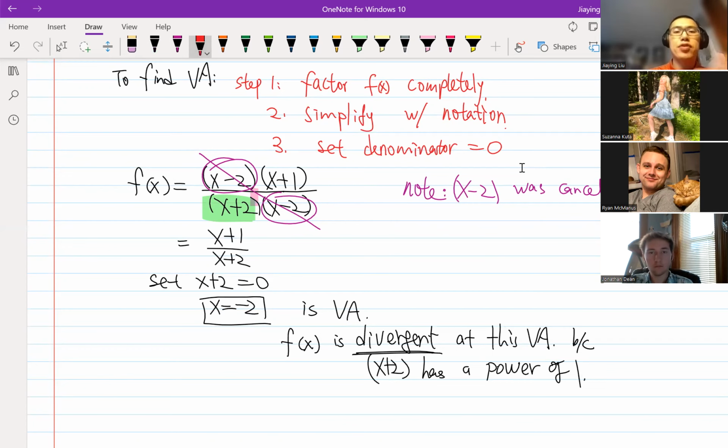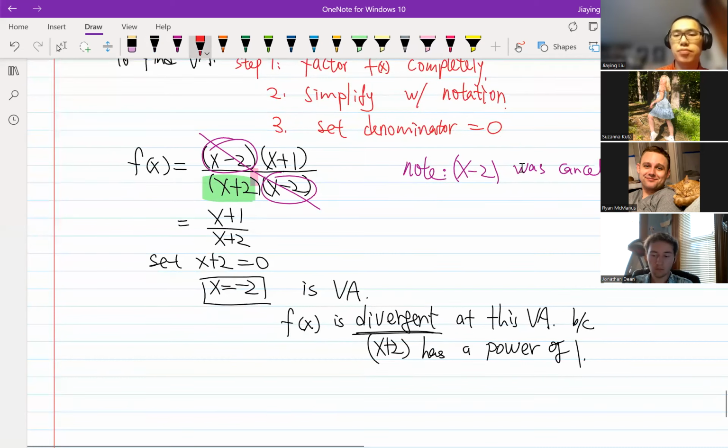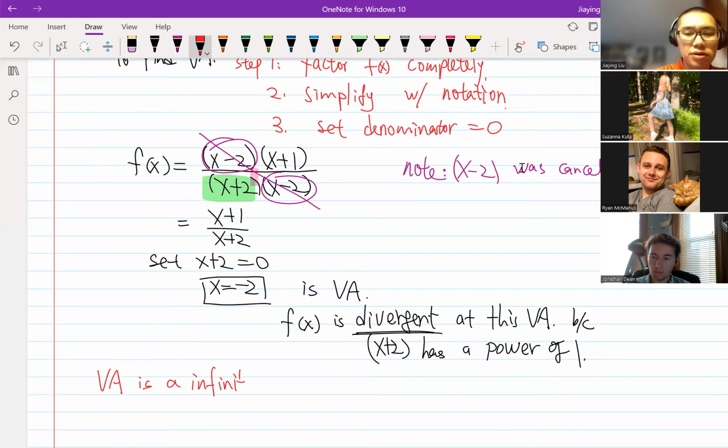Now, let me give you a formal term that is used a lot in calculus. You're going to learn this, see this very soon in 425. So a vertical asymptote on the graph is called an infinite discontinuity. It's just because the y goes to infinity or negative infinity, so we call this discontinuity infinite.